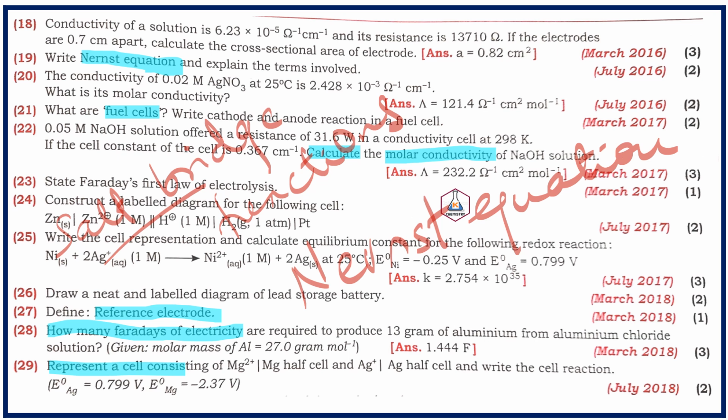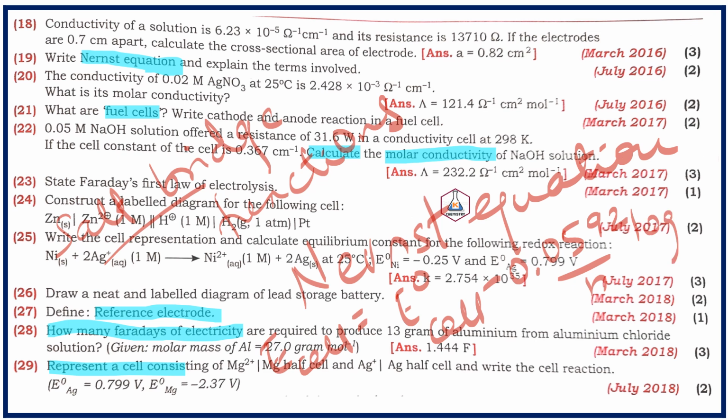Nernst has given a formula to find the EMF of a cell: E cell equals E0 cell minus 0.0592 by n log of concentration of product by concentration of reactant, to the base 10.